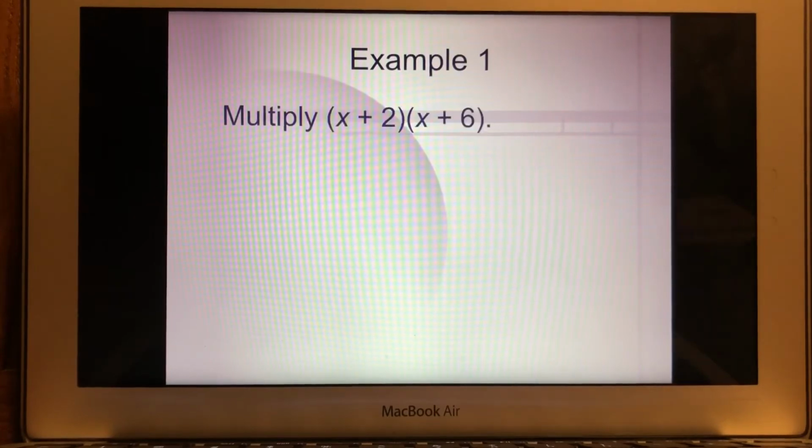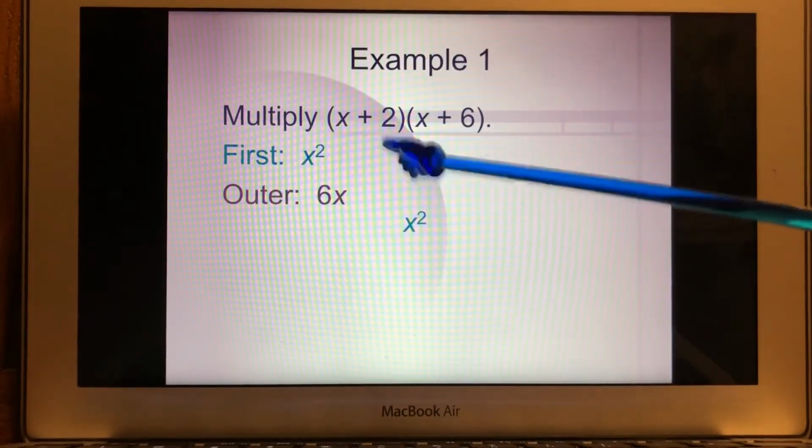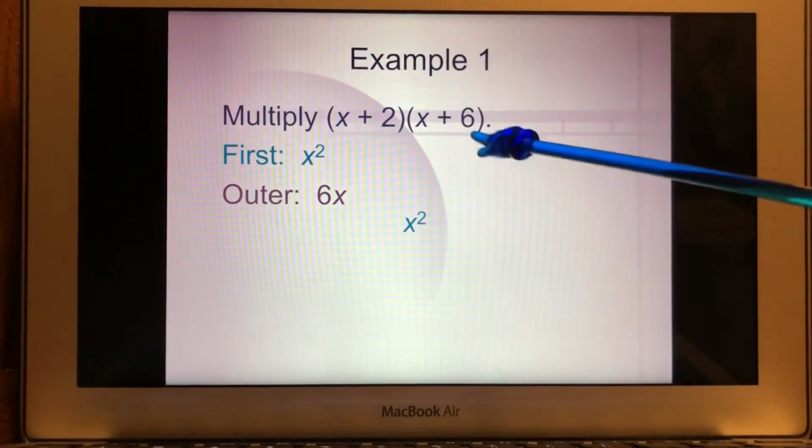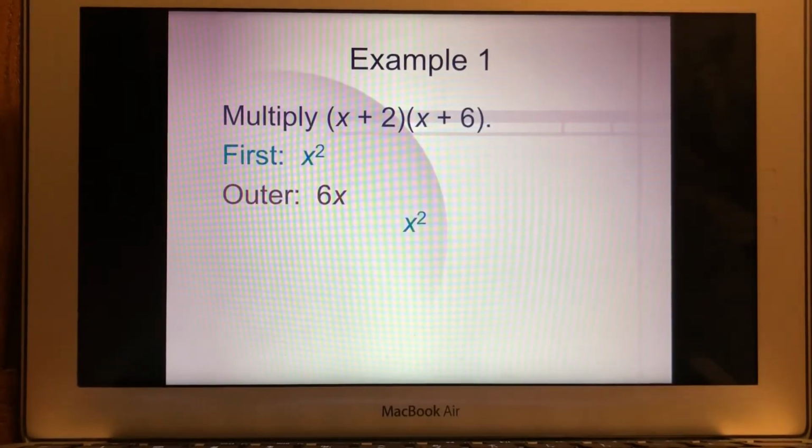Let's take a look at an example. Say we have x plus 2 times x plus 6. If we use the FOIL method, the first terms will be x times x. The outer terms are x times 6, so we have plus 6x.